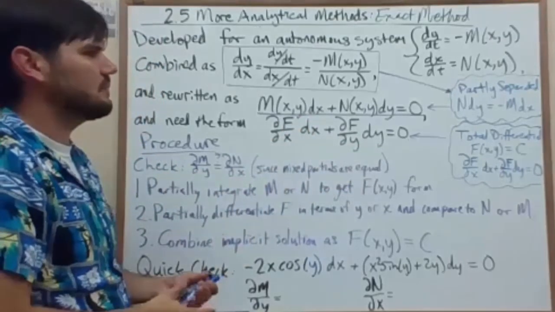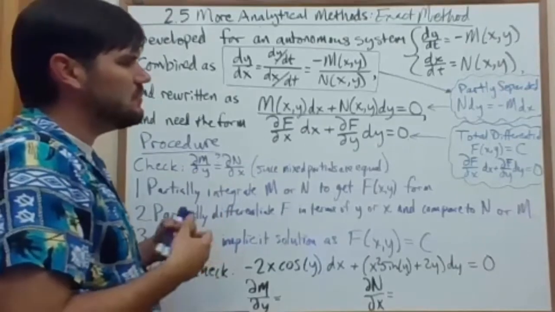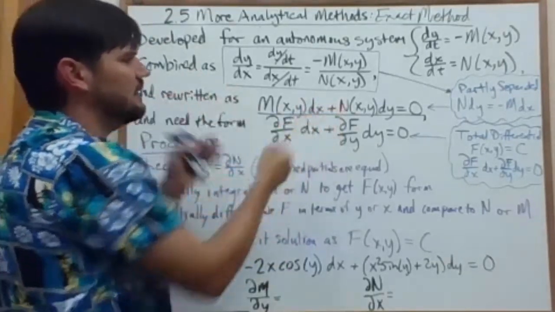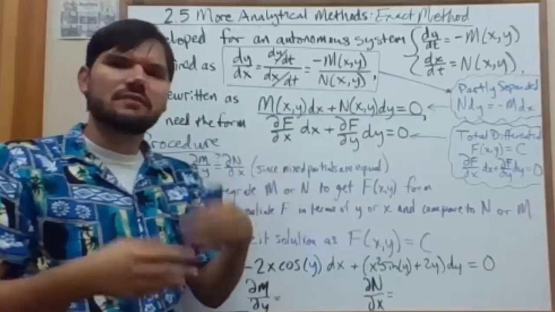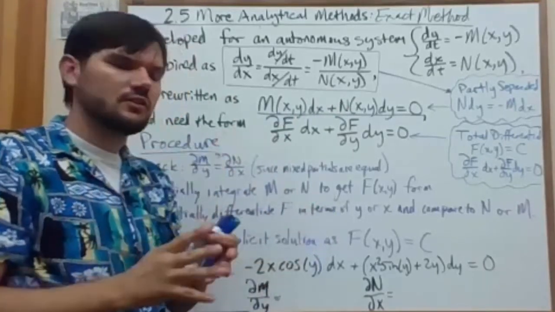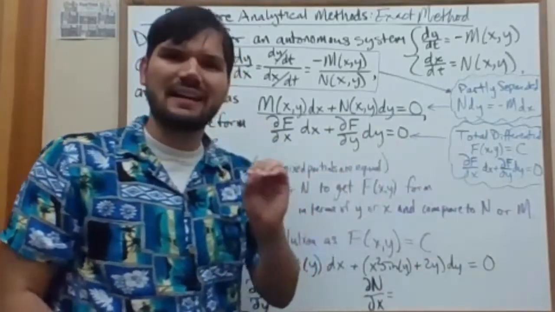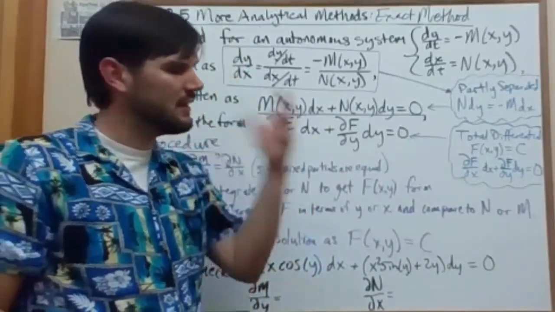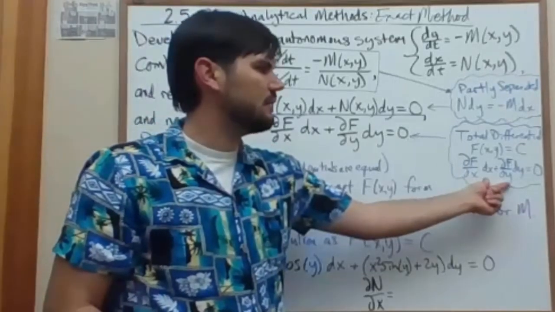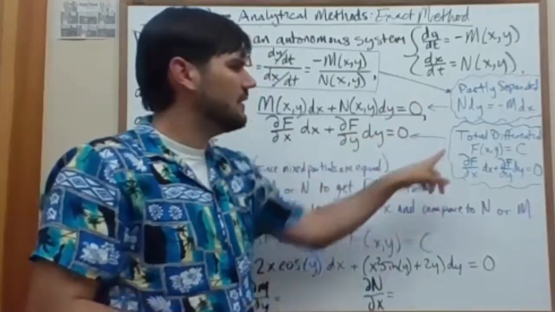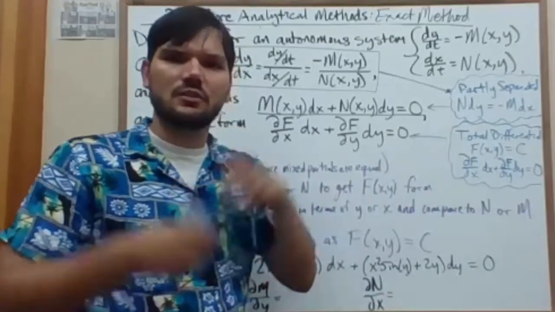That's what we want. So we do need to verify that the m and n are both different partials of the same function to allow us to undo the total differential and get back to the function f of x, y. That is the goal. Once we get into the right form, we integrate back each partial and compare to get back to the total f.